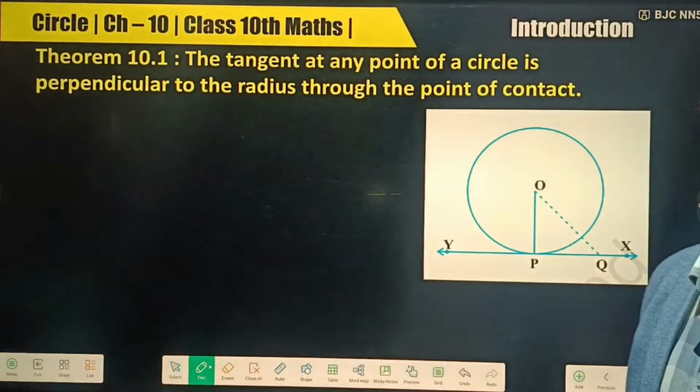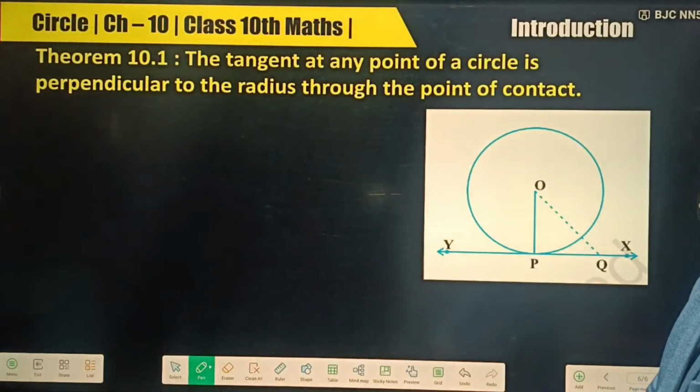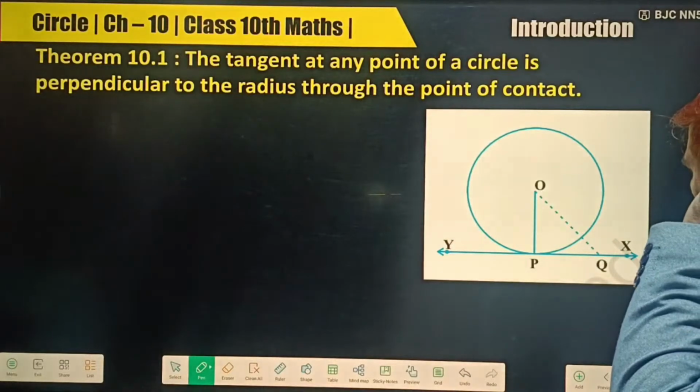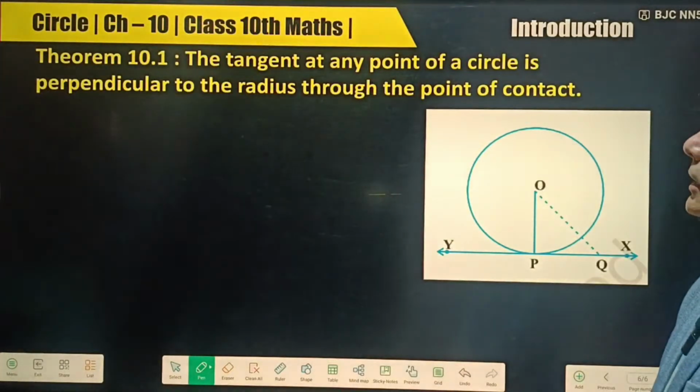Next, one theorem is given: the tangent at any point of a circle is perpendicular to the radius through the point of contact.